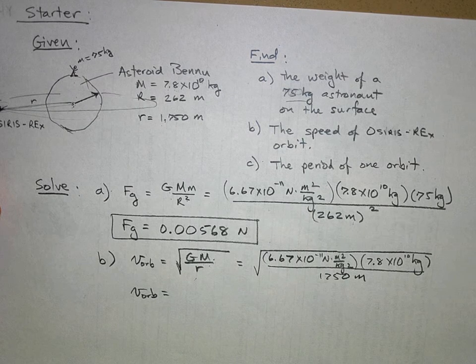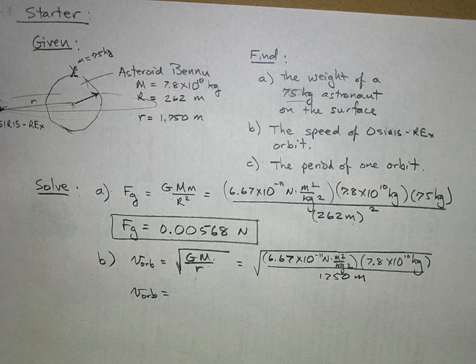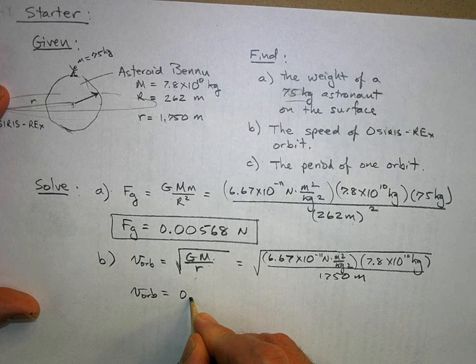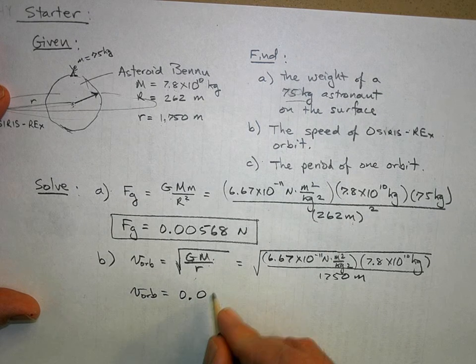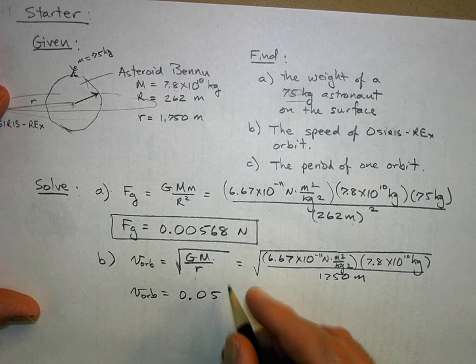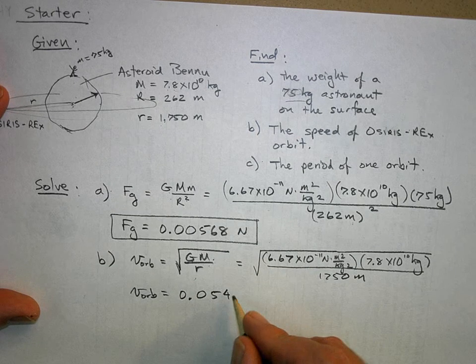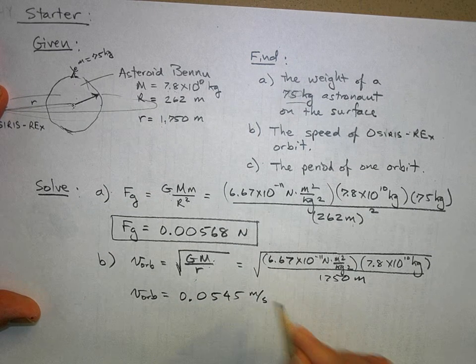And I get a tiny number, but I've got to remember to square root it. And I get 0.0545 meters per second.